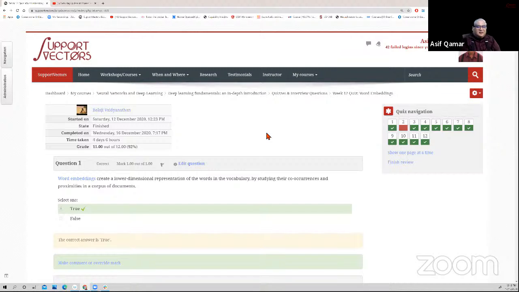So on the face of it, it looks very simple, but there are subtleties and there are trade-offs between one kind of word embedding versus the other and so forth. So in other words, it's a subfield in its own right. Given the fact that we all know what word embeddings are, the only purpose of a quiz is to see whether you have enough clarity on the fundamentals of it.